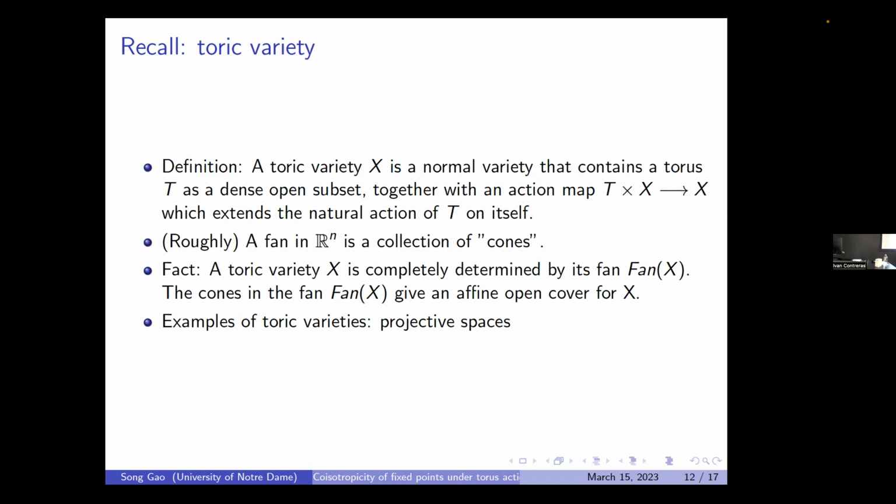Roughly speaking, a fan in R^n is a collection of cones, and the fact is that a toric variety is completely determined by its fan. Examples of toric varieties include projective spaces. Let me draw a picture here.